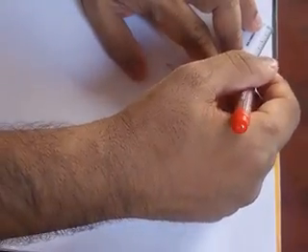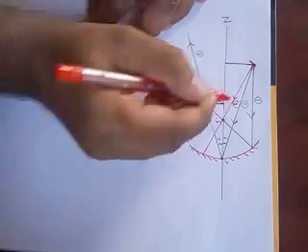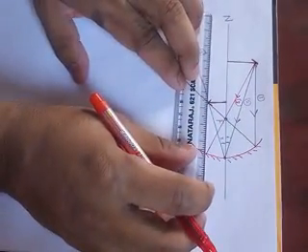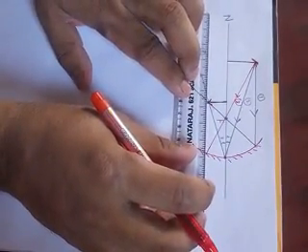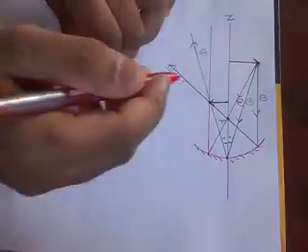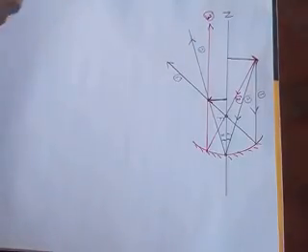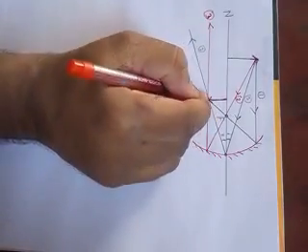What will happen if you take one ray like this, ray number 3? So ray number 3 will become parallel to the principal axis and it will intersect here itself. This is ray number 3. So this will be your image.